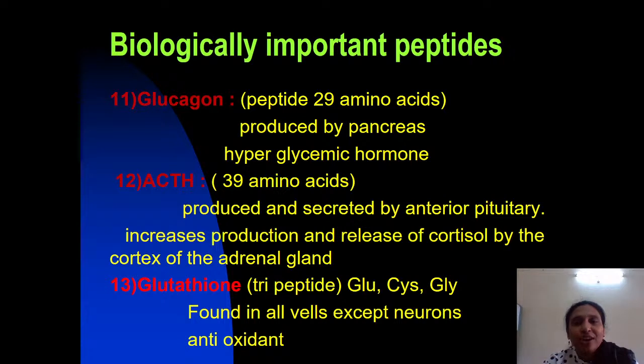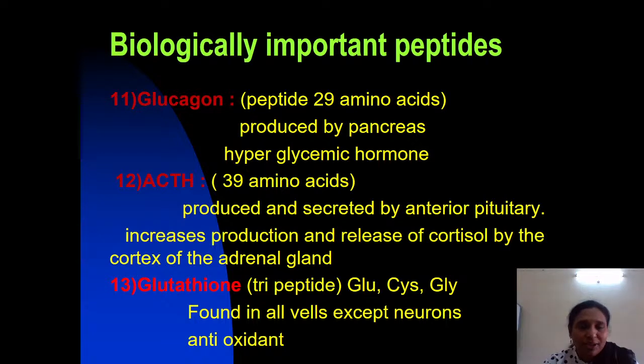When there is a fall in the blood glucose level below normal, that is a hypoglycemic condition. Hypoglycemia means your blood sugar level has decreased, falling below the normal level. Because of hypoglycemia, the brain will be affected, because the brain needs a continuous production of energy, and it mainly depends on glucose.